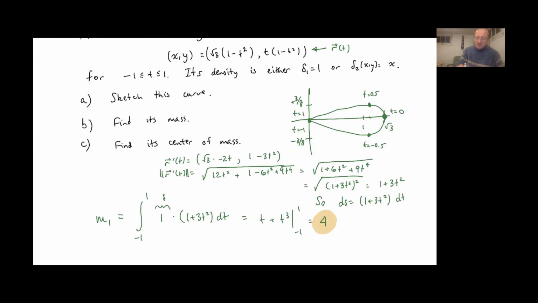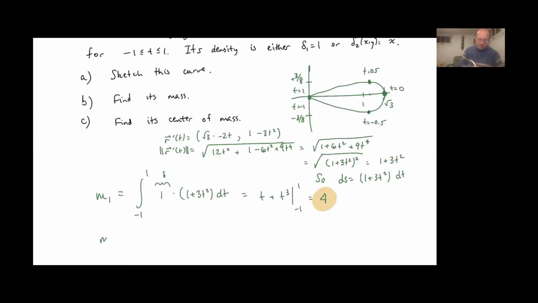What about the other density, density x? That was ds. Density x, but x is square root 3 times 1 minus t squared.